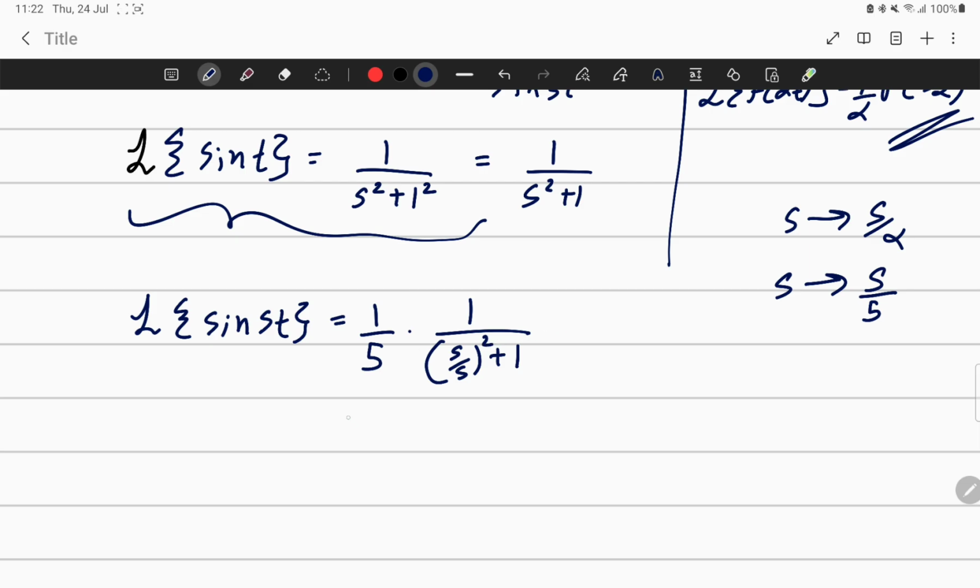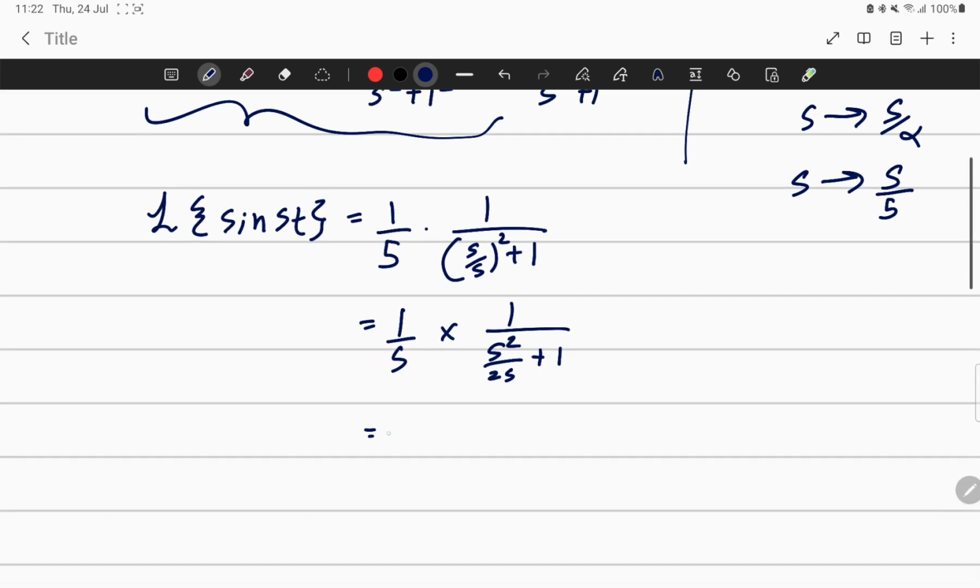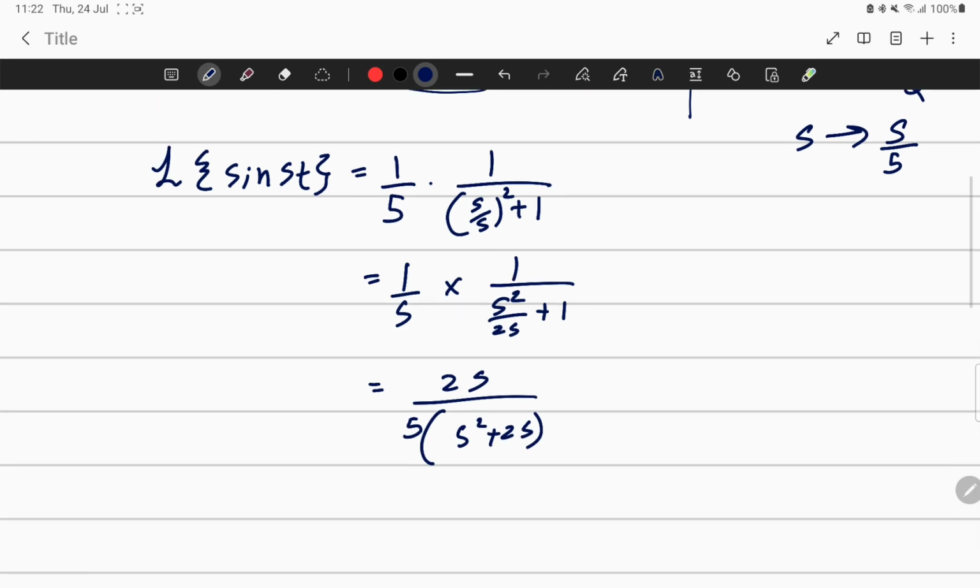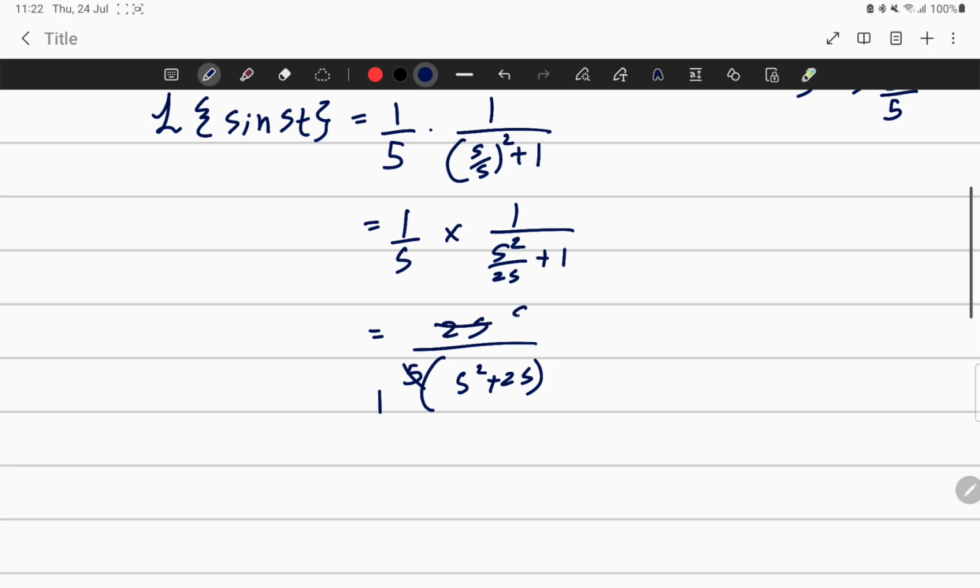So 1 over 5 times 1 over s squared over 25 plus 1. It is 25 over 5 times s squared plus 25. So this is 1 over s squared plus 25. This is the Laplace transformation of sin 5t.